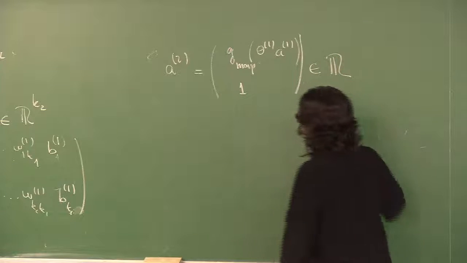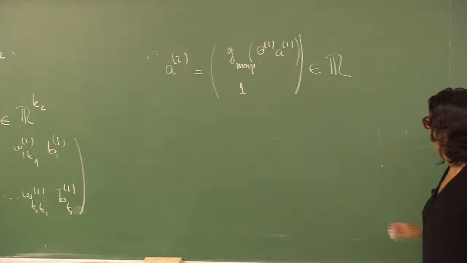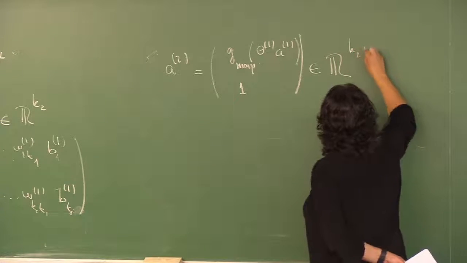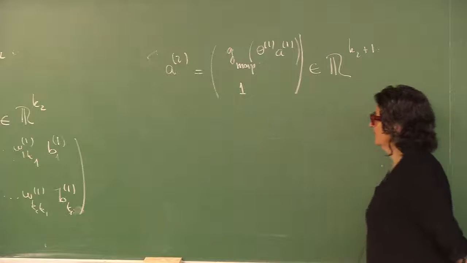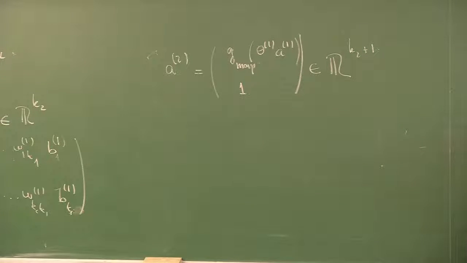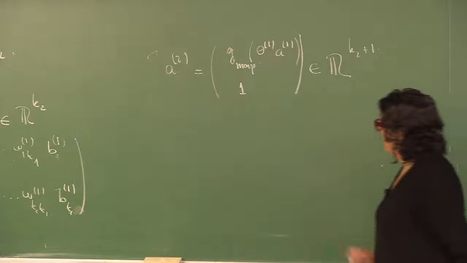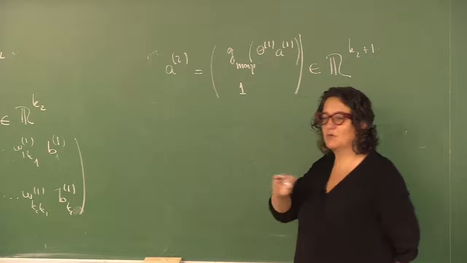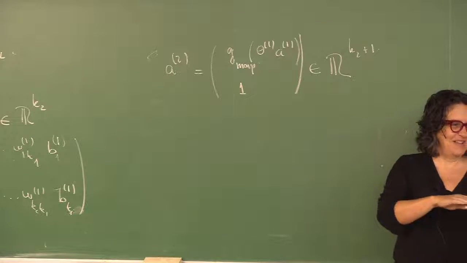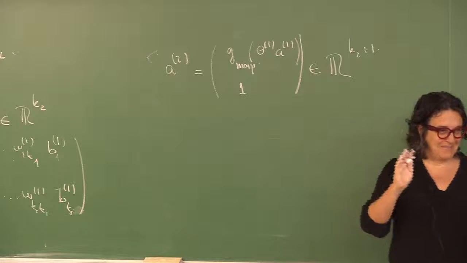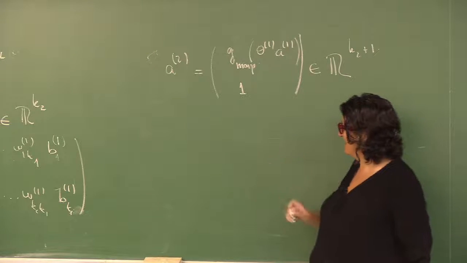R, where? Tell me. K2 plus 1. Even writing the notation is a mess, but everything is controlled.